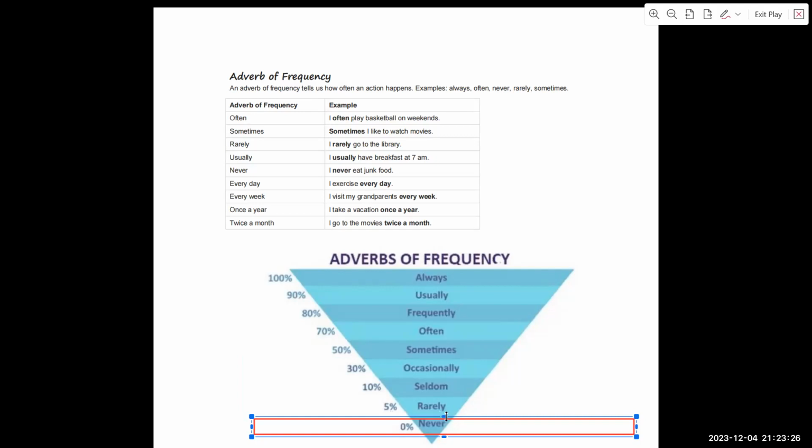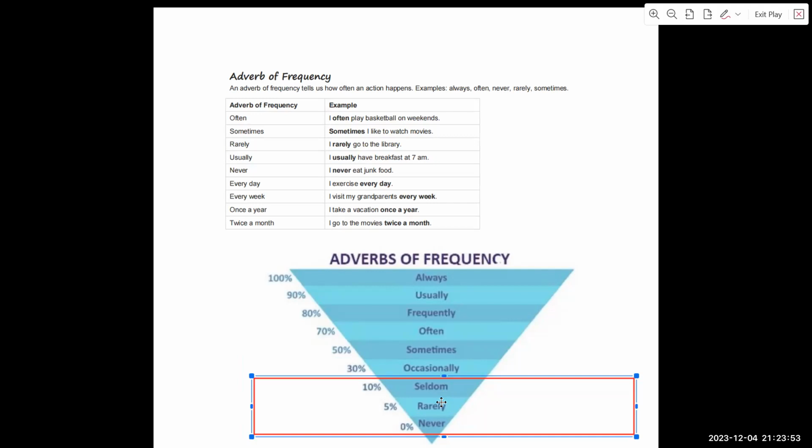Rarely is the next one. So meaning just 5% probably. You did something, but very rarely, maybe one time. Next is seldom. Have you heard about this? No?